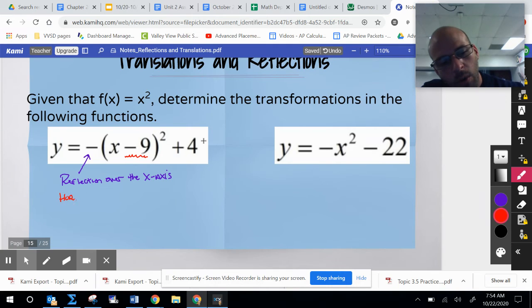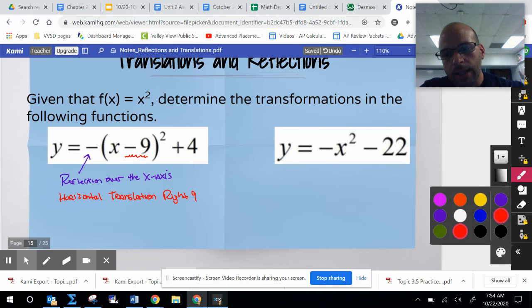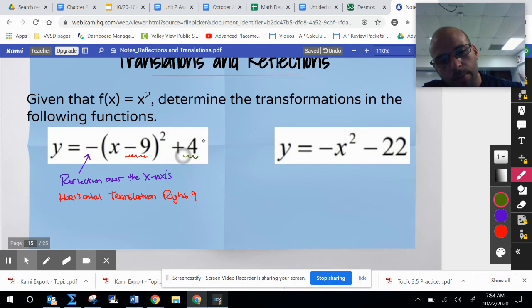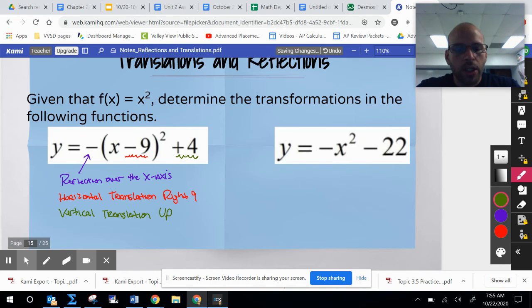That is going to be the horizontal translation, right 9. And then last but not least, I have the plus 4. So that would be a vertical translation, up 4, right? So you have 3 transformations in that one.